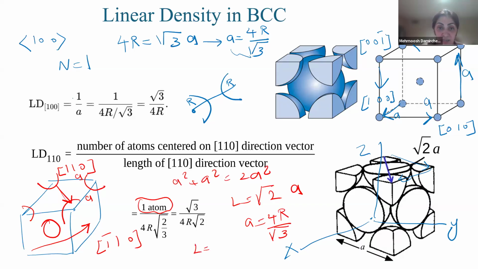So this length should be 4r root 2 per root 3. Substitute here, and root 3 in the denominator goes to the numerator, it should be root 3 per 4r root 2. And it is the linear density along that direction, or for all directions belonging to this family.